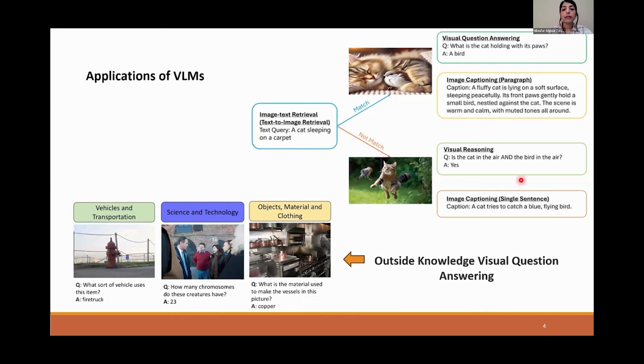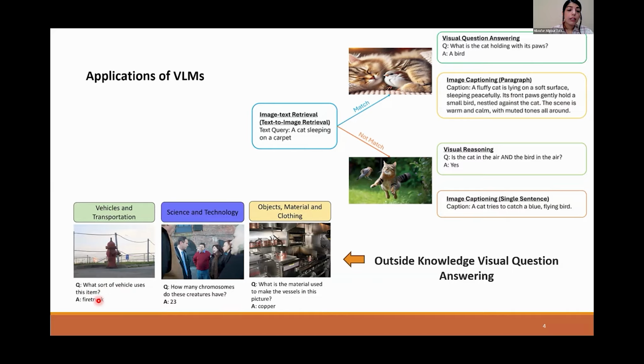But in addition to these applications, there is outside knowledge visual question answering, which is more challenging than the other applications. Because in these scenarios, the response doesn't directly exist in the photo. For example, here is a good example.